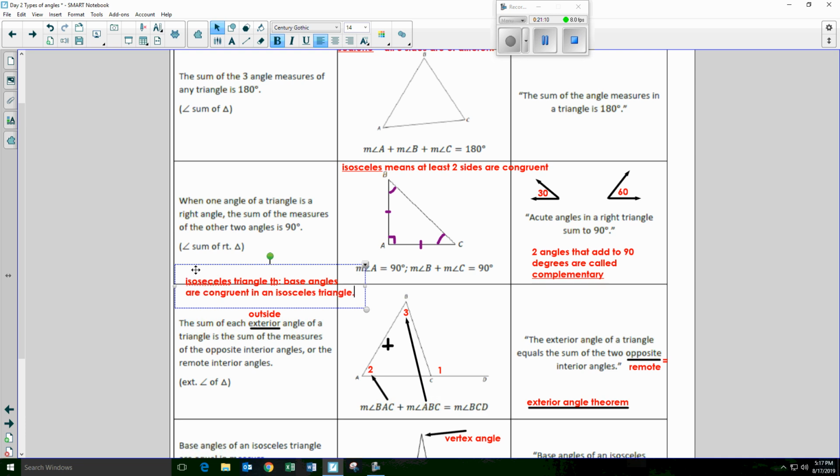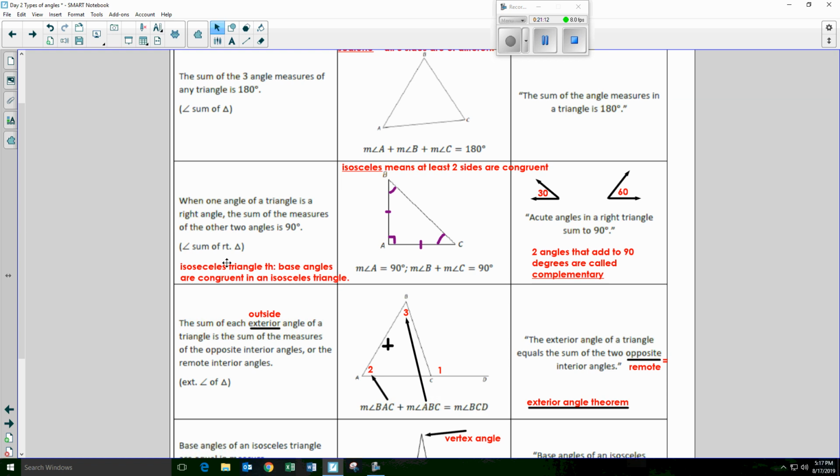Okay, so that's called the isosceles triangle theorem. You don't have to know that because, again, you can either choose and remember the name, isosceles triangle theorem, or just what it says. Base angles are congruent in an isosceles triangle. That's what it'll say on the part where they're going to write out the definition, not the vocab word itself.